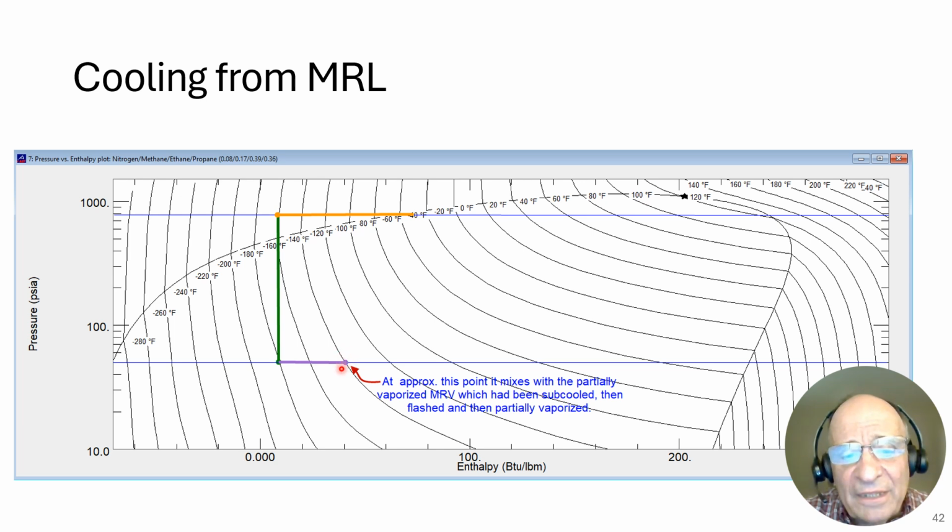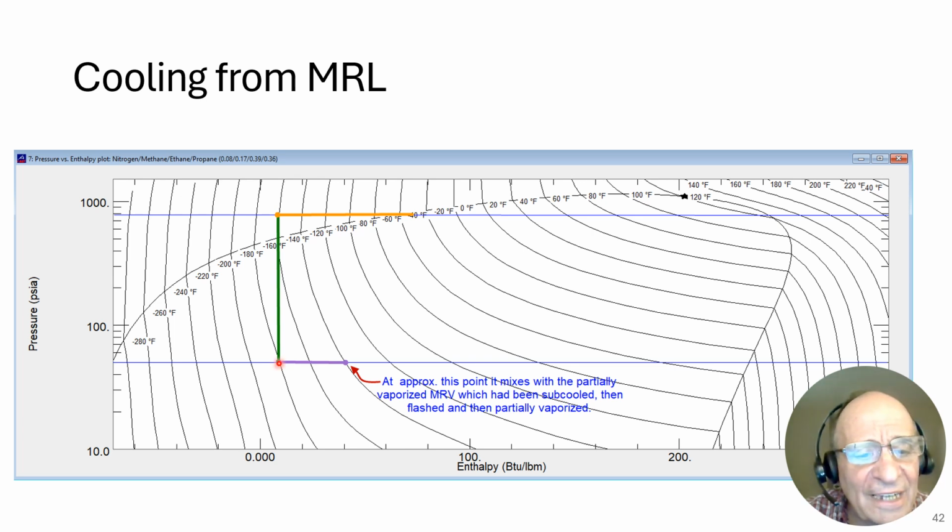When it gets to a temperature of around minus 140 degrees, for the process that I designed, it'll be different for every process, and you see where I got this minus 140 from: I'm just reading the temperature line that's shown here. It's going to mix with the MRV. And we haven't explained the MRV yet, so you'll see why it mixes with the MRV.